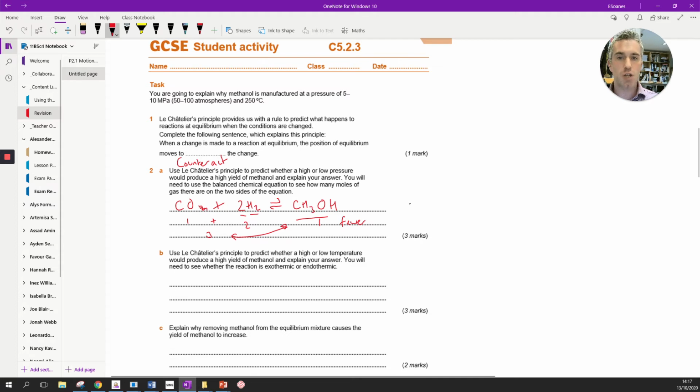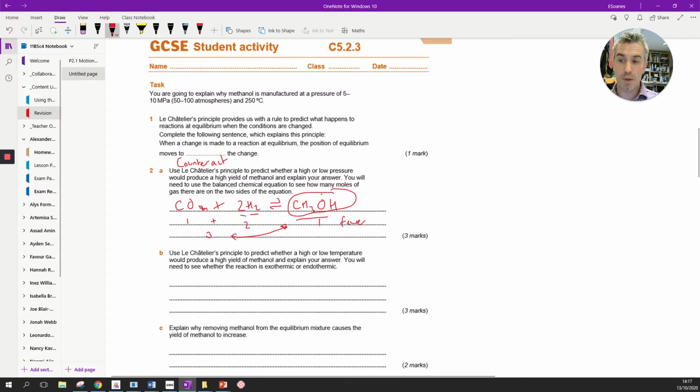Now, check out Le Chatelier's principle for pressure. What happens when you lower the pressure? What happens when you increase the pressure? Basically, this question is saying, use Le Chatelier's principle to predict whether high or low pressure would produce a higher yield. You want the equilibrium to move to the right.